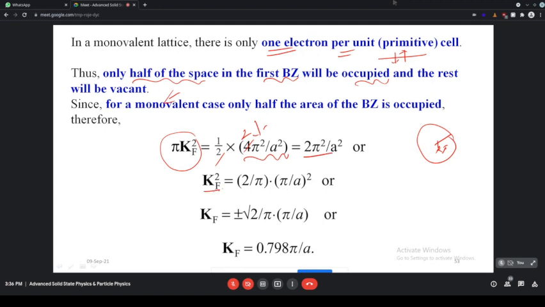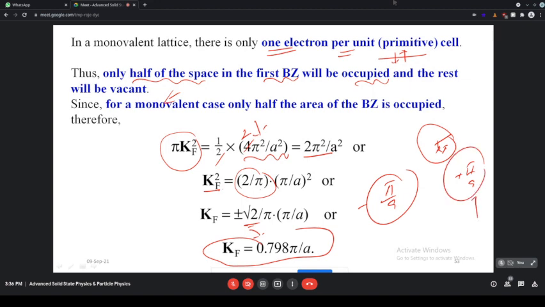Or you can write kf square is equal to 2 by pi, times pi by a whole square. Then kf is equal to 0.798 pi by a. Pi by a is the zone boundary, from minus pi by a to plus pi by a, and the value is 0.798.